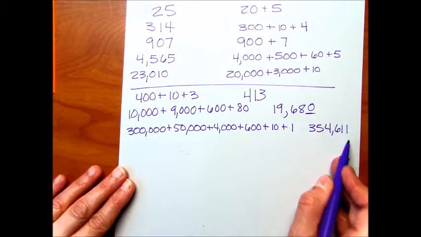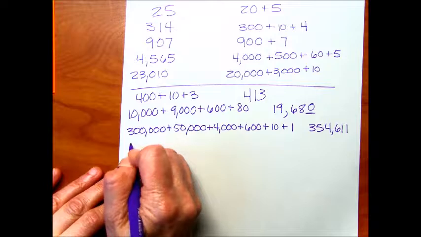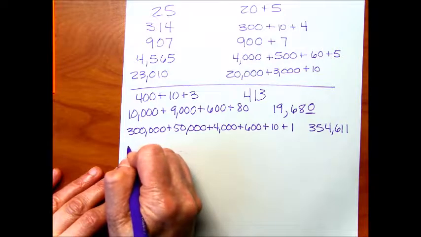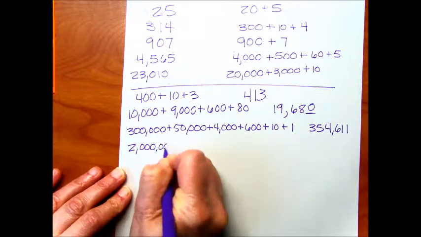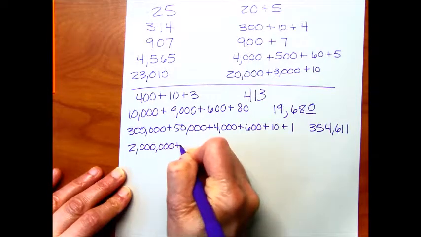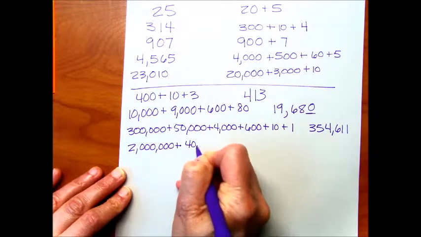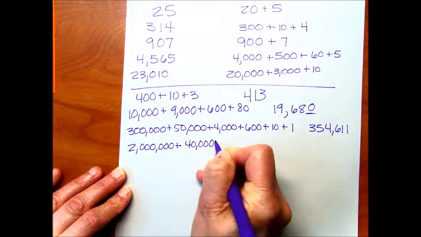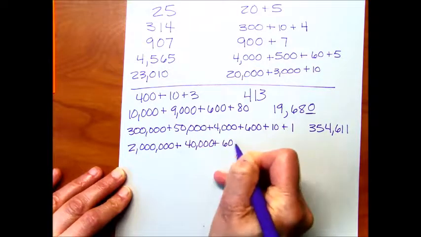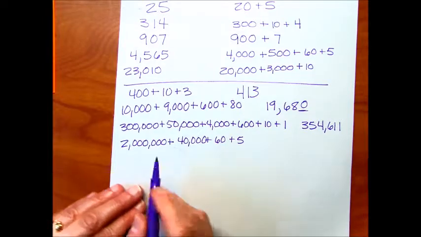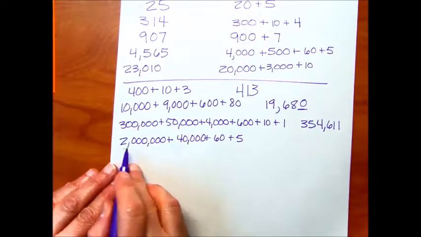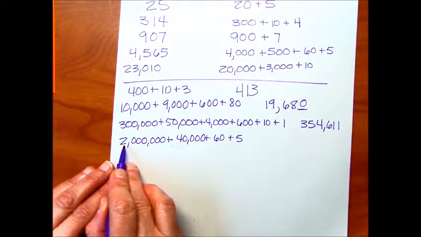Let's do one more. This one is going to be a little tricky because it's going to be missing some numbers, so there's going to be some zeros in there. Let's say we have 2 million plus 40,000 plus 60 plus 5. In these types of situations, 2 million is a pretty big number.